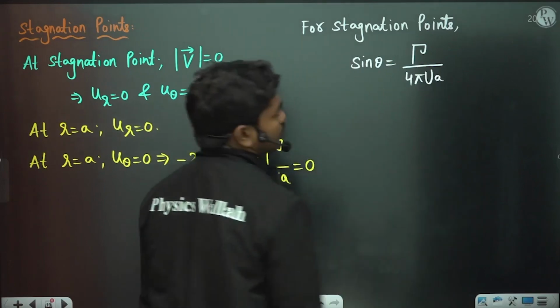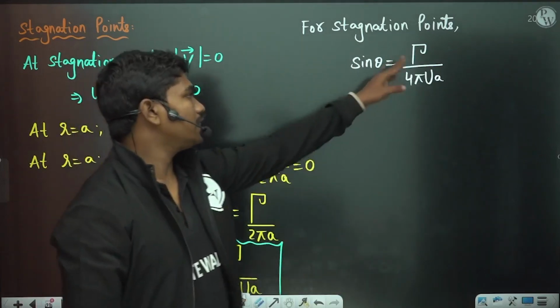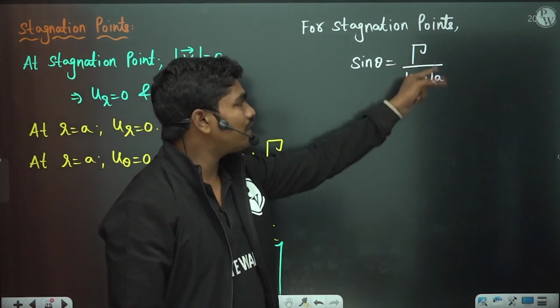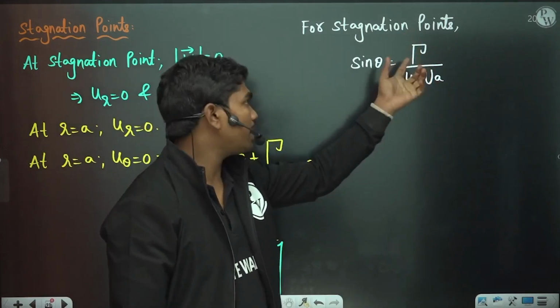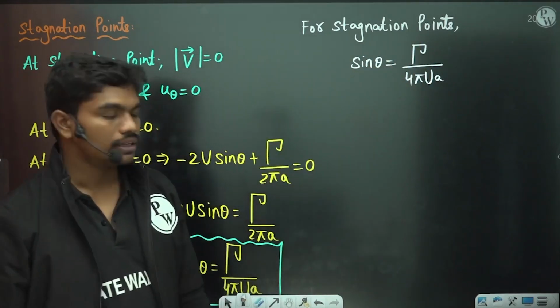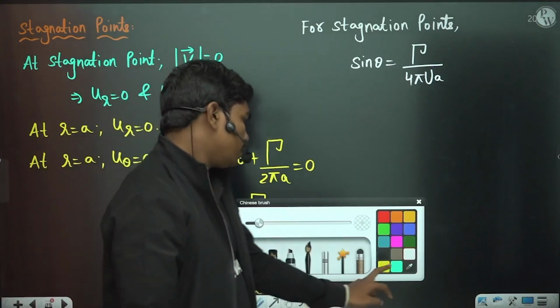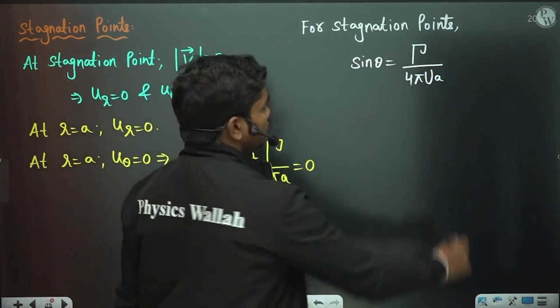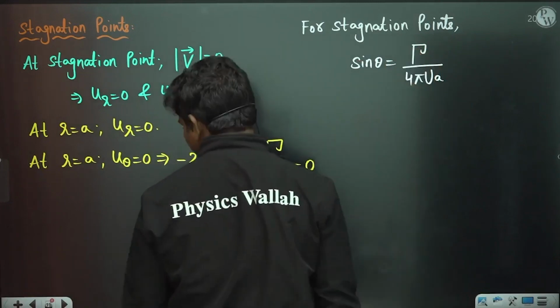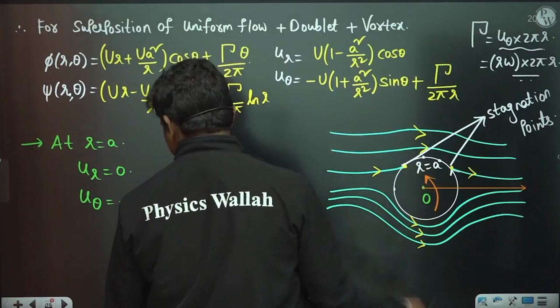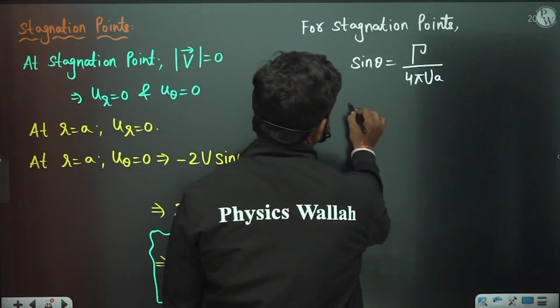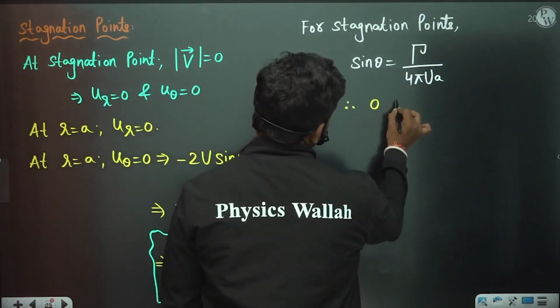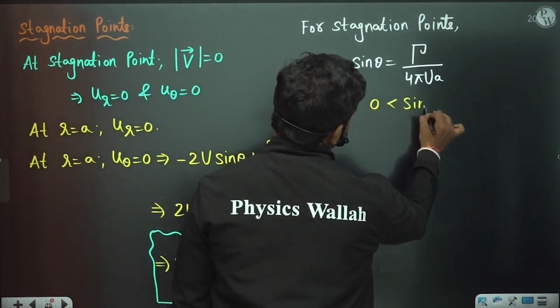Now obviously all these are some values, so this is a positive value, a is the radius of the cylinder, so sin theta is something that you have. This is a positive value and sin theta cannot go beyond 1. Because all the values involved here are positive, we have taken the circulation in the anti-clockwise sense, which is positive. So 0 is less than sin theta, which is less than 1.